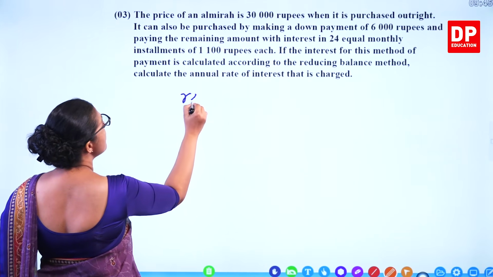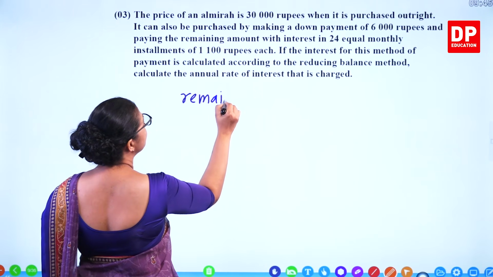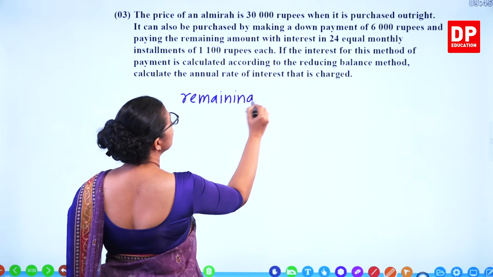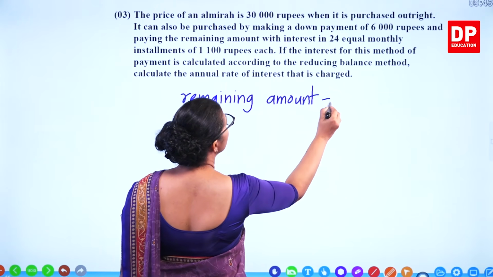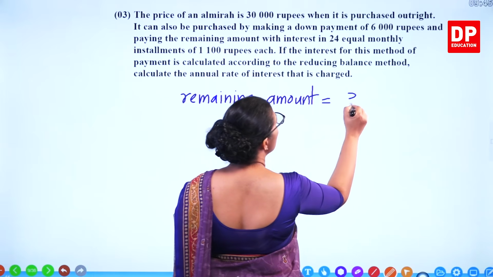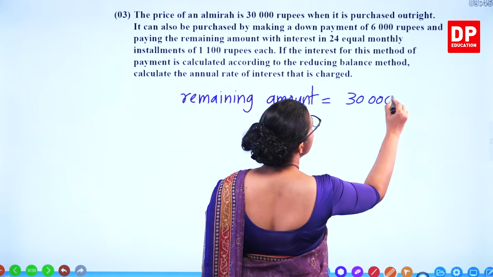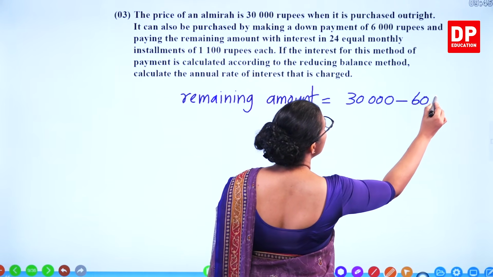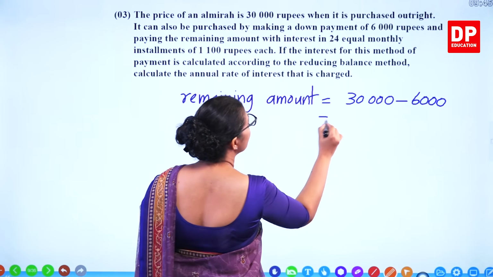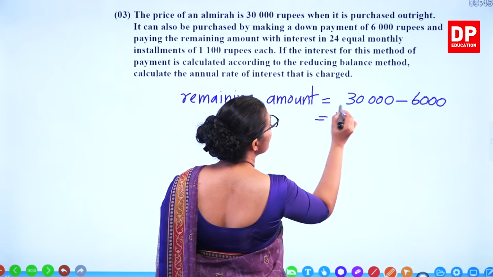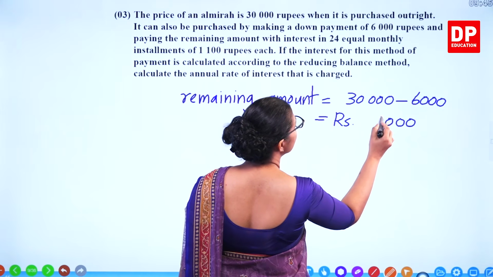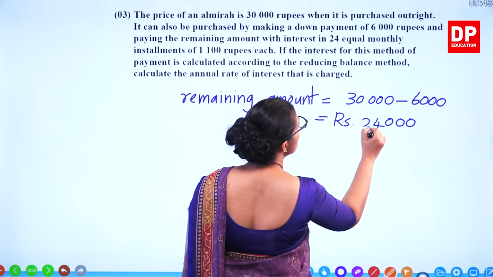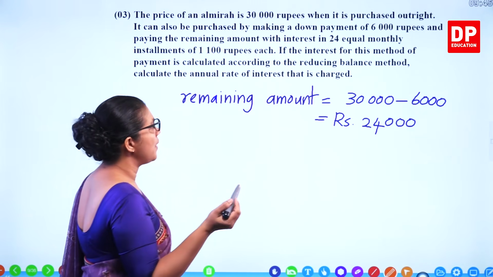So first, remaining amount. $30,000 is the total price minus 6,000 already paid. This is in rupees. So 24,000 you need to pay.